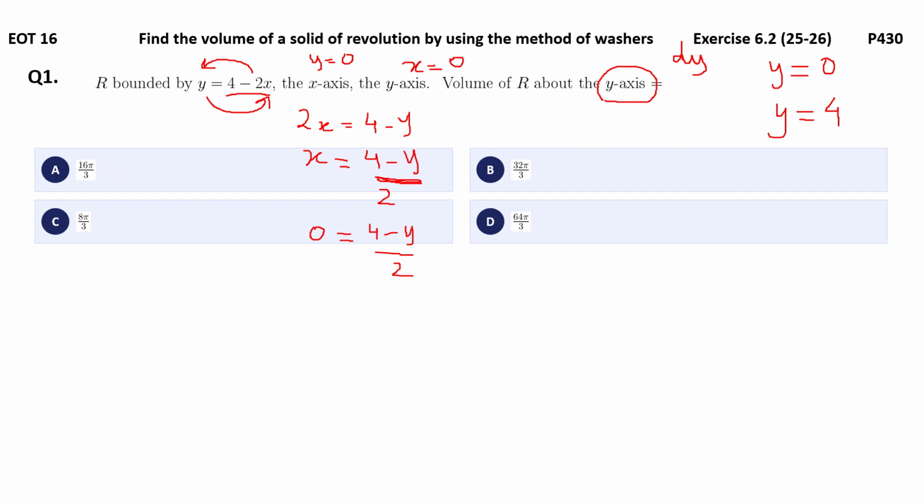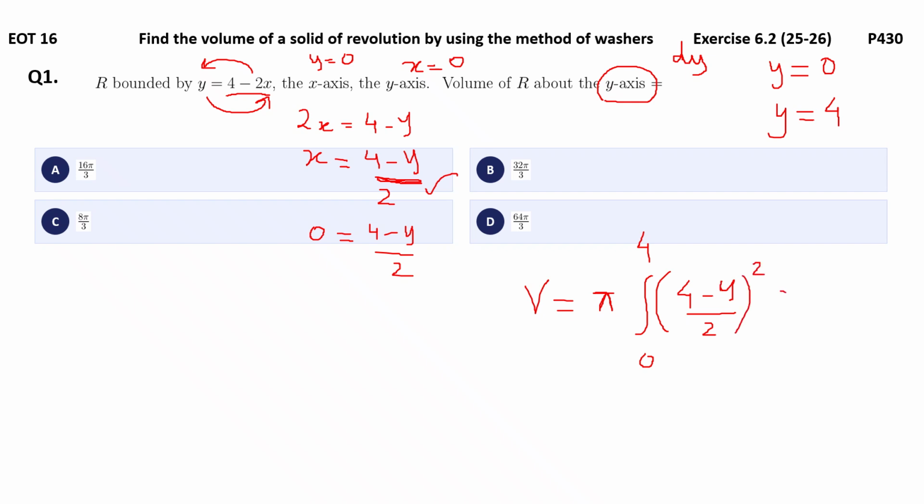Now let's apply the volume formula. Volume is equal to pi times the integral. The lower limit is 0, the upper limit is 4. R square, or what is the function here? (4 minus y) by 2. So let's square it: (4 minus y) over 2, the whole square dy.